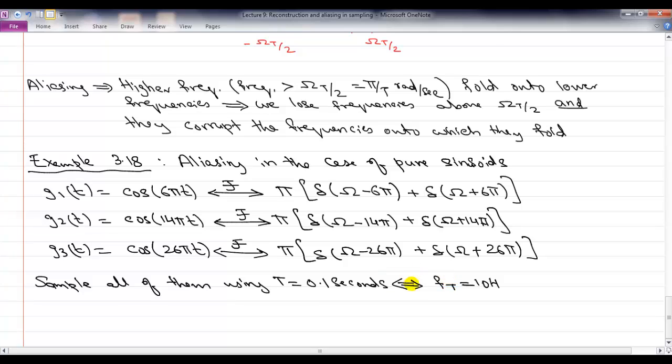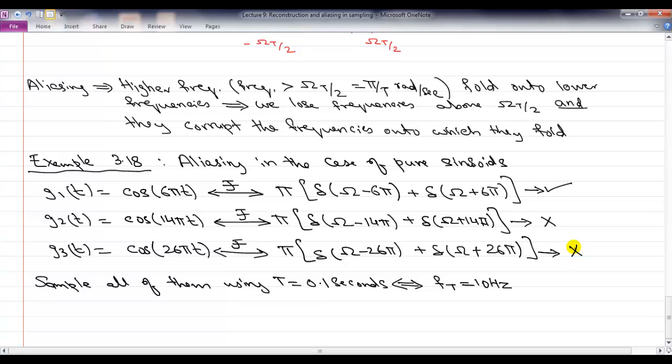If I'm sampling at 10 hertz, the first signal is 3 hertz, so I'm satisfying the Nyquist criterion, because it's bigger than 6. The second one is 7 hertz, so I'm not satisfying the Nyquist criterion. Instead of sampling at 14 hertz, I'm sampling at 10 hertz. And the third one is again 13 hertz. I'm not satisfying the Nyquist criterion.